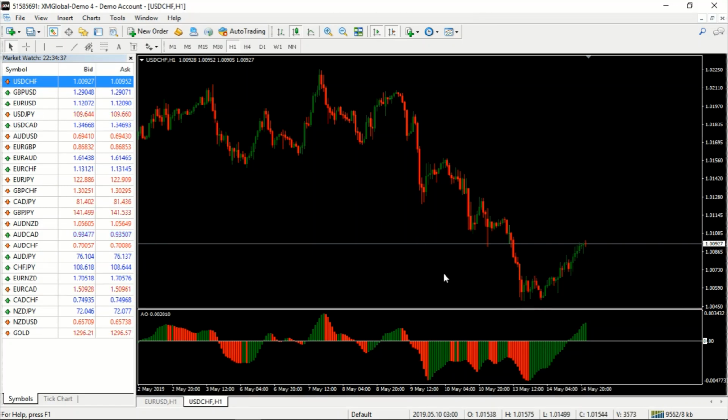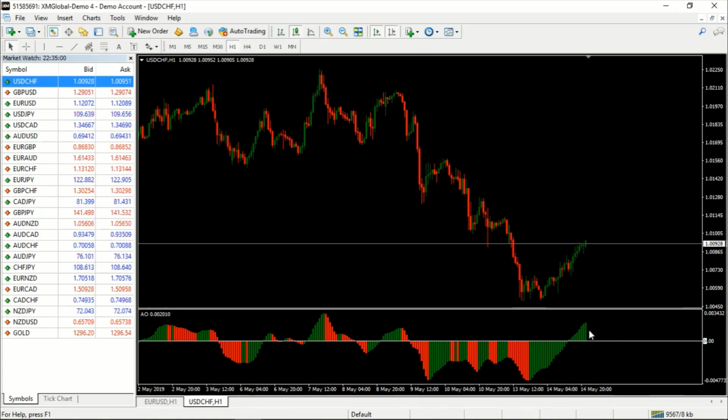The way that we find our swing high and swing low points of our Fibonacci with Bull FX is that we use the awesome oscillator. As we go to the awesome oscillator, you will see that the most current crossover of the zero line is this point over here.